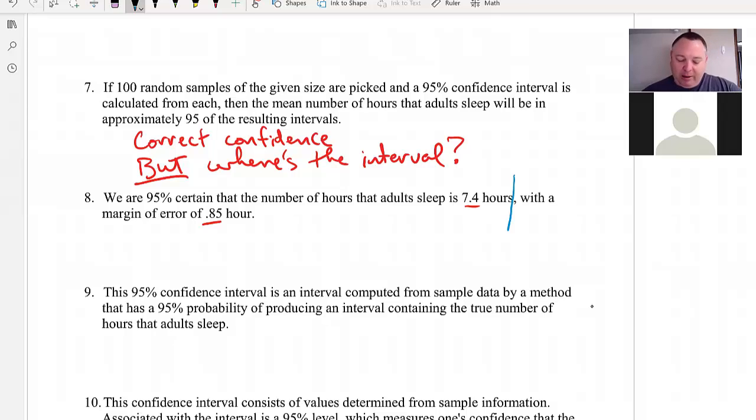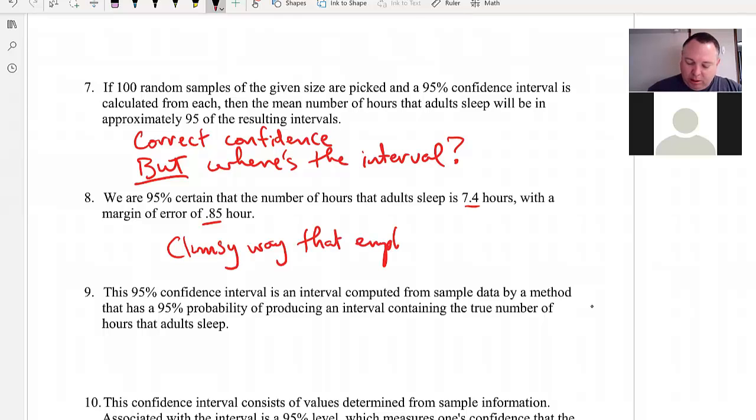Then they did tack on the 0.85, so this is a very clumsy way of saying it. We want to avoid this. It emphasizes 7.4 too much. It's bad form, let's call it that.